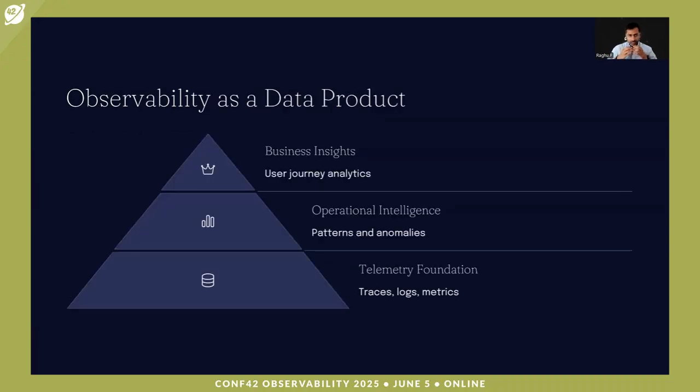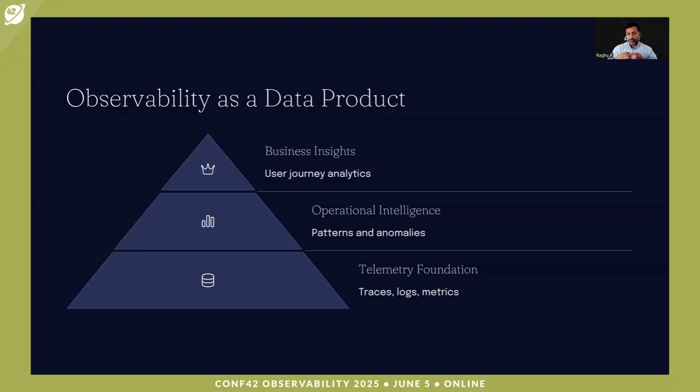In this slide, as you can see, observability is a key capability that allows us to understand the health and performance of our systems and applications. Again, it provides three main benefits. Basically, business insights, giving us visibility into the user journeys and behaviors to inform product decisions. Operational intelligence, helping us detect patterns and anomalies in system behavior to quickly identify and resolve issues.